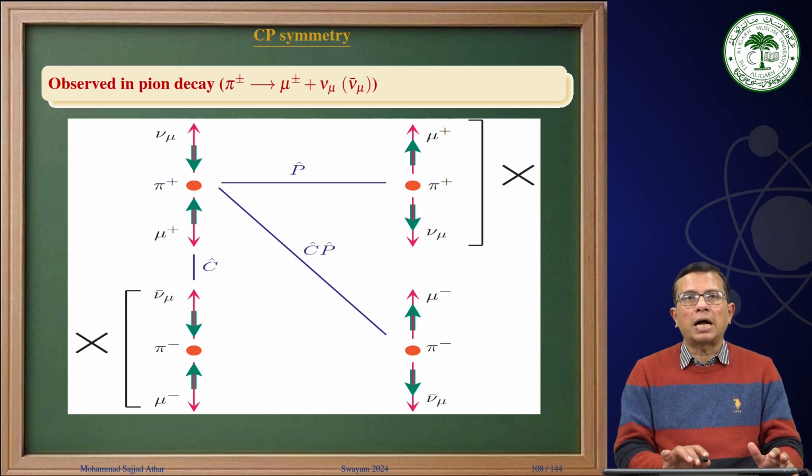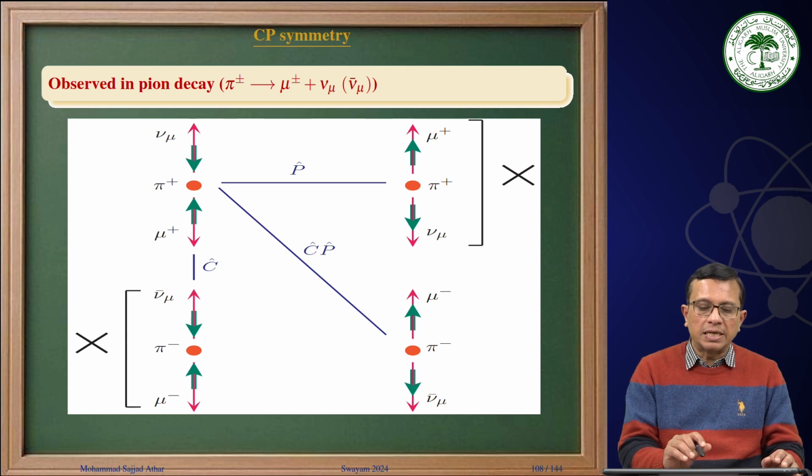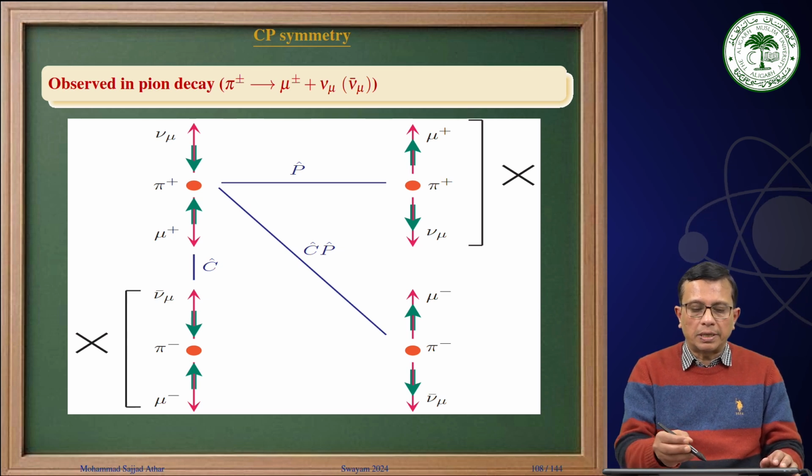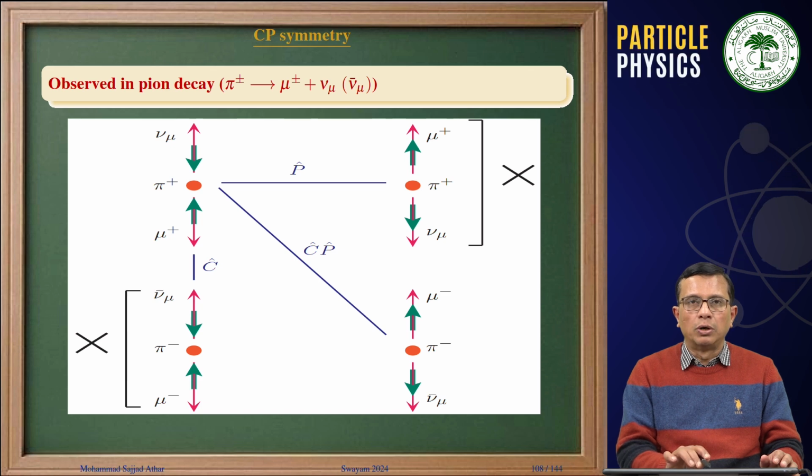Since neutrinos are always left-handed, as you can see, the momentum and spin of the neutrino are in opposite directions. And since neutrinos are left-handed, it is forcing mu plus also to become left-handed.